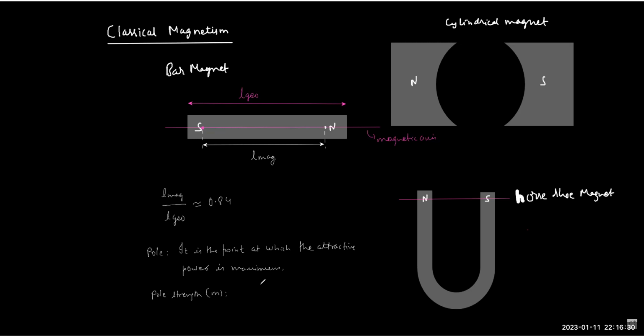So you can call it a magnetic charge, which is analogous to the electric charge in electrostatics.